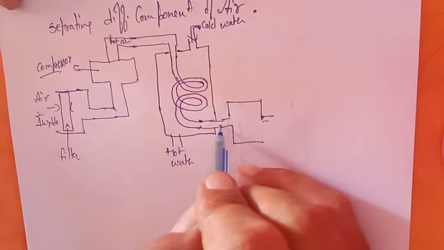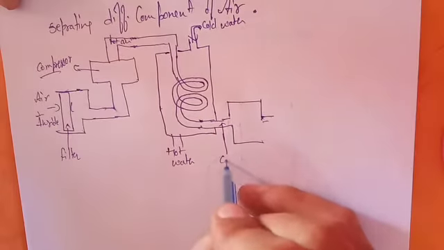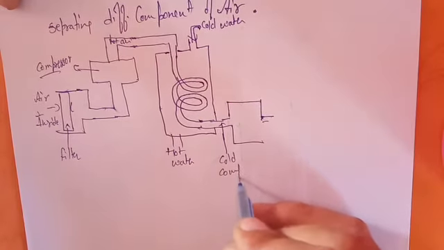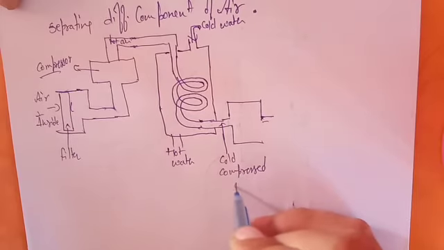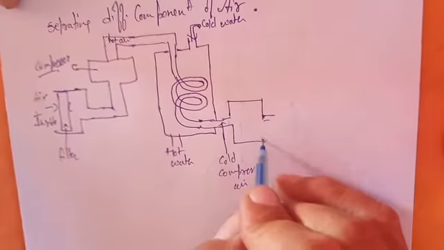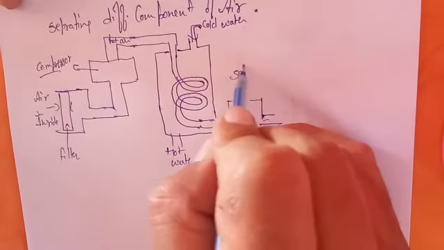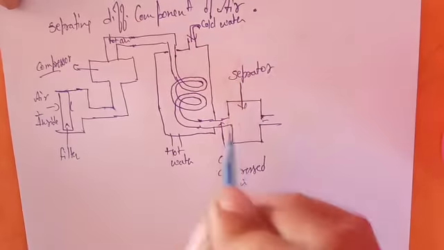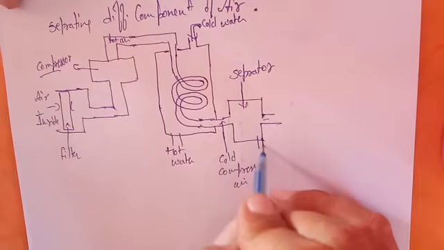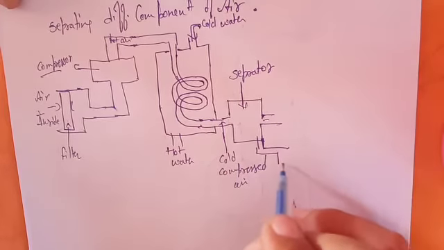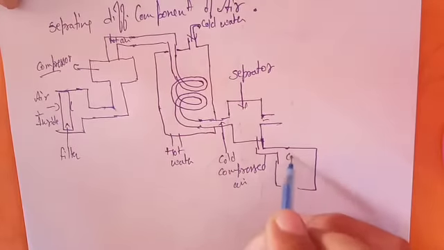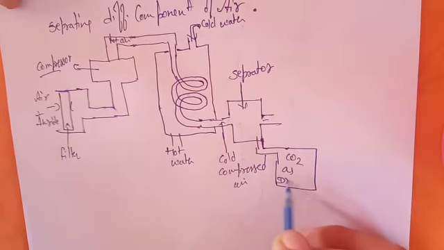Here we have compressed air, and in this separator we take CO2 out as dry ice.